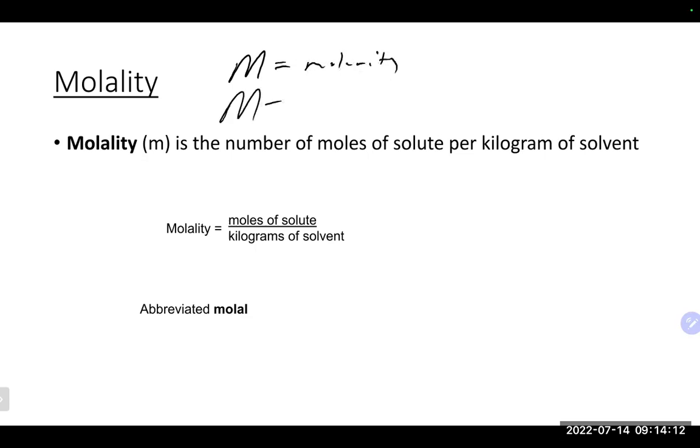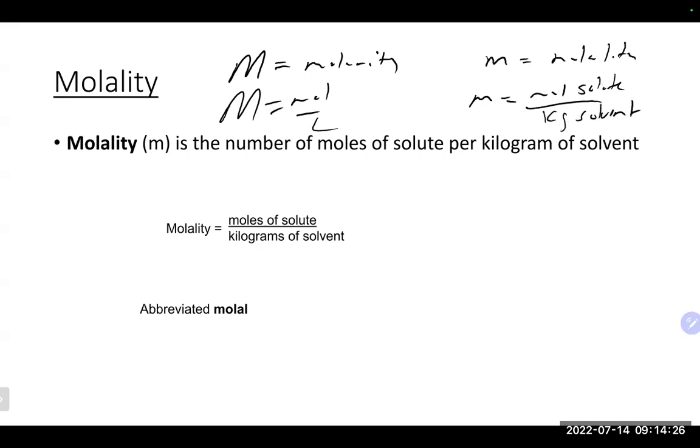And again, big M is moles per liter. Little m is molality, which is moles of solute over kilograms of solvent.